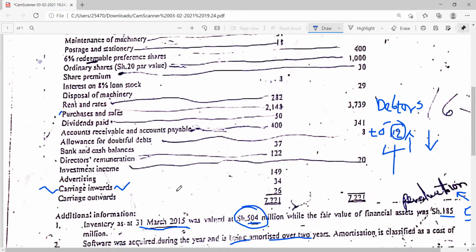Since the cost of sales is not provided, that is what you are supposed to do: you take the opening stock plus purchases minus the closing stock, but obviously, if there's a carriage inward, you need to add it to purchases.